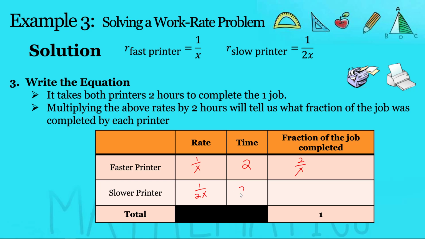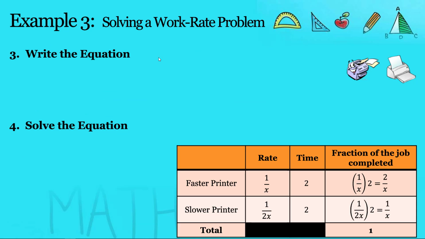It's been working for 2 hours, so the amount of the job that it could have completed in 2 hours would have been 2 divided by 2x, or 1 over x. And all this has to add to one job. So that's pretty much our equation. It's going to be 2 over x plus 1 over x is equal to 1, or 3 divided by x is equal to 1. That's our equation.